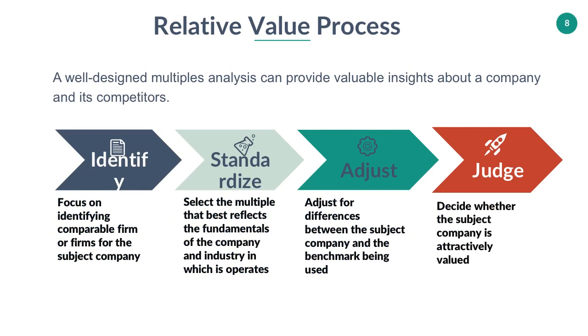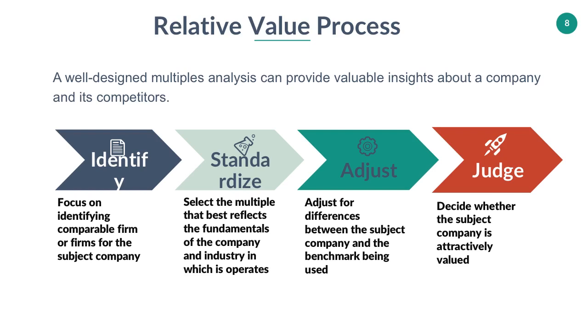Provided here is a summary of the relative value process. Again, we start with identifying comparable firms. I'd note that the farther afield you go in selecting comparable companies, the less likely it is that you can make meaningful comparisons. Next, we select the multiple that will be used. When selecting the multiple, look to see what other investors are using by reviewing a few street reports.